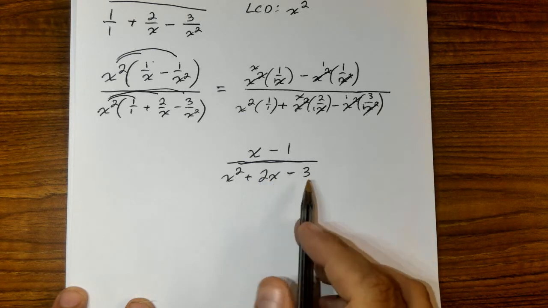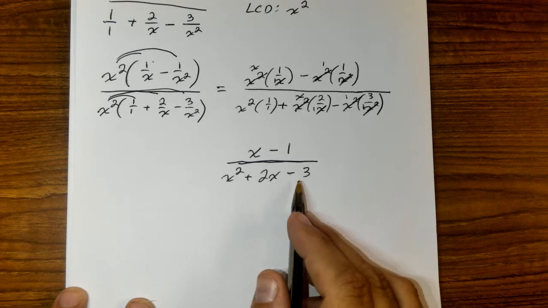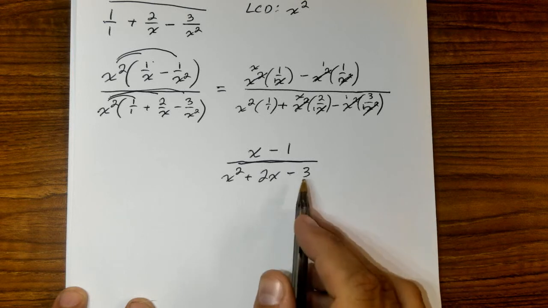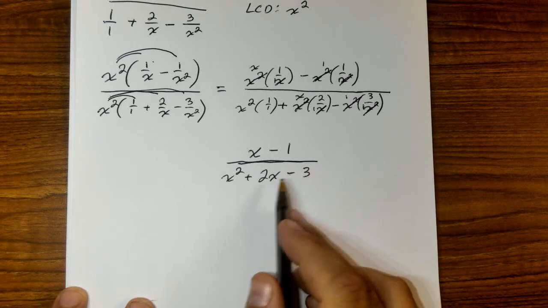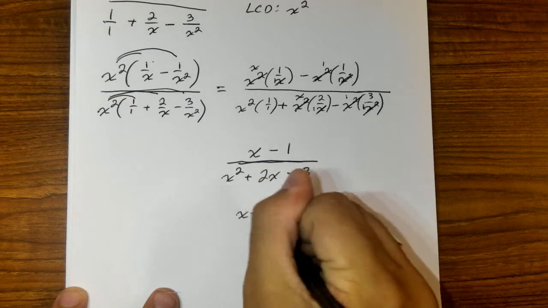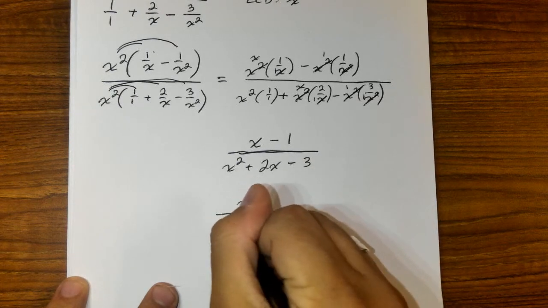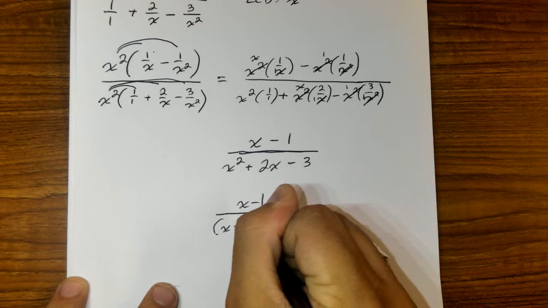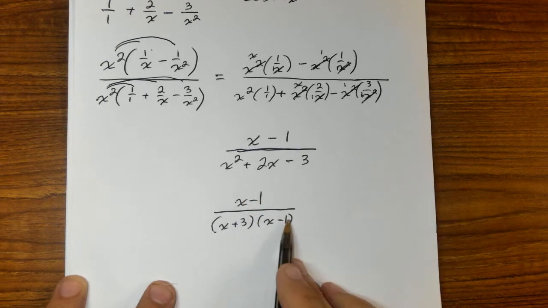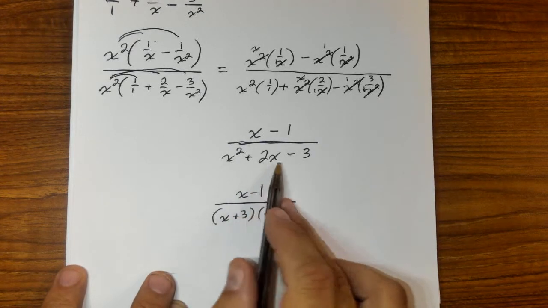So my numbers are going to be positive 3 and negative 1. So 3 times negative 1 gives me negative 3, and 3 plus negative 1 gives me 2. So the numerator stays the same, x minus 1, but factoring the denominator, that's going to be x plus 3 times x minus 1. 3 times negative 1 gives me my negative 3, and 3 plus negative 1 gives me my positive 2.